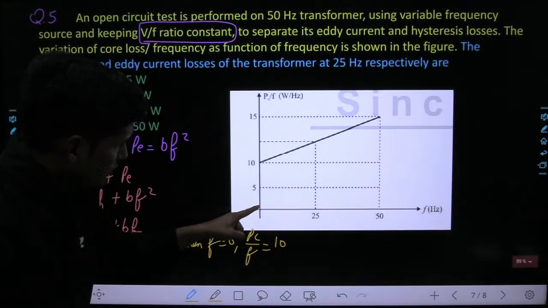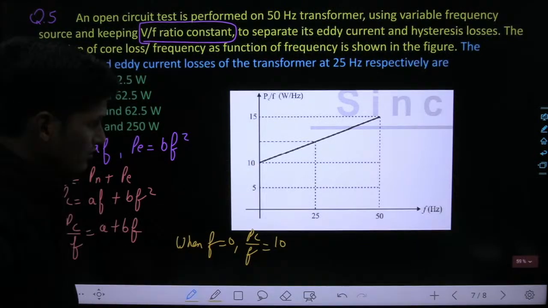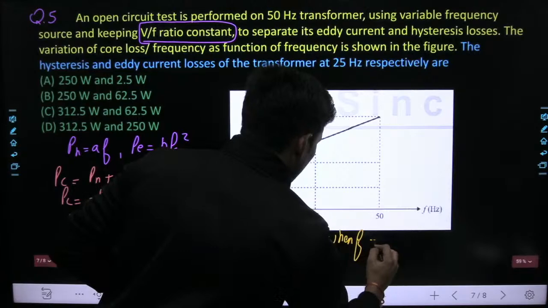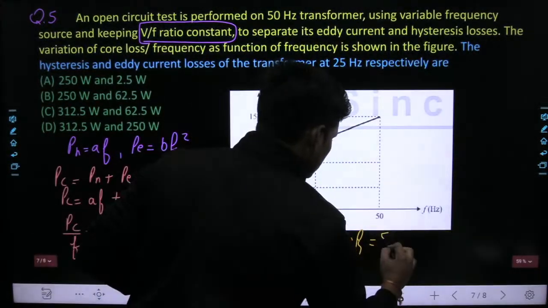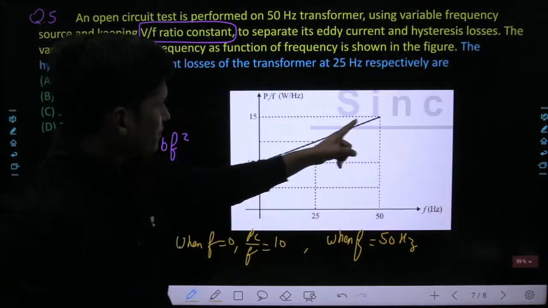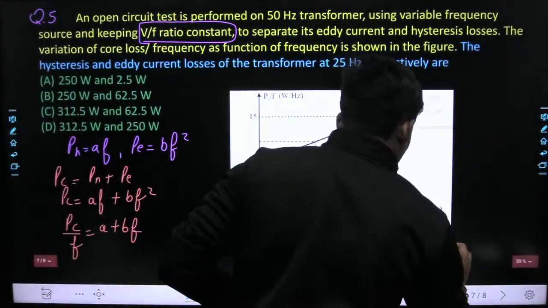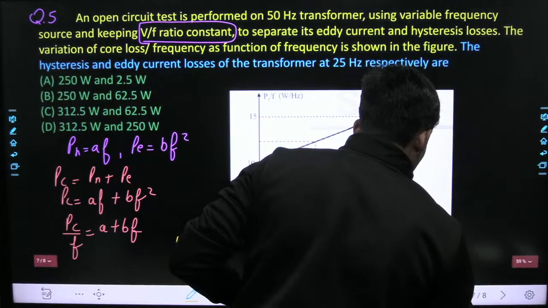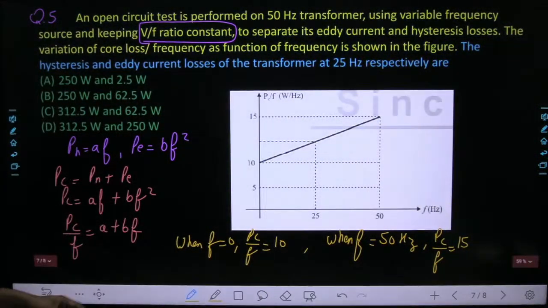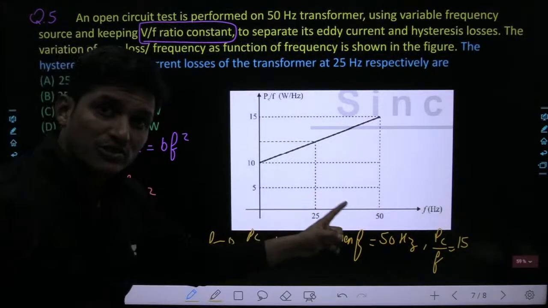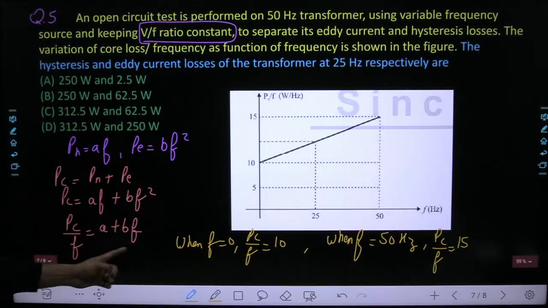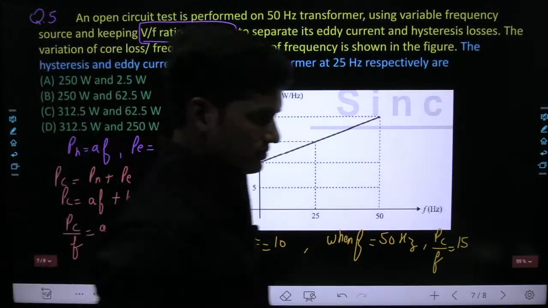And when frequency is 50 Hertz, PC by F is 15. So, with the help of this particular data, we are now able to find out the value of A and B constants.